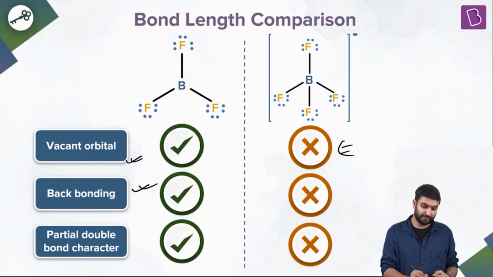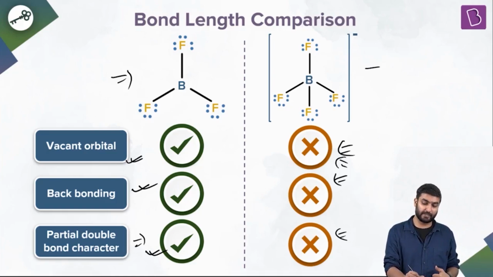Back bonding scope is there because fluorine is there and the vacant orbital is there. Fluorine is there in this one, but the boron vacant orbital is not there. So extent back bonding cannot happen. And so this one here gets a partial double bond character. This one here does not. So the bond length here is smaller and the bond length here is larger.